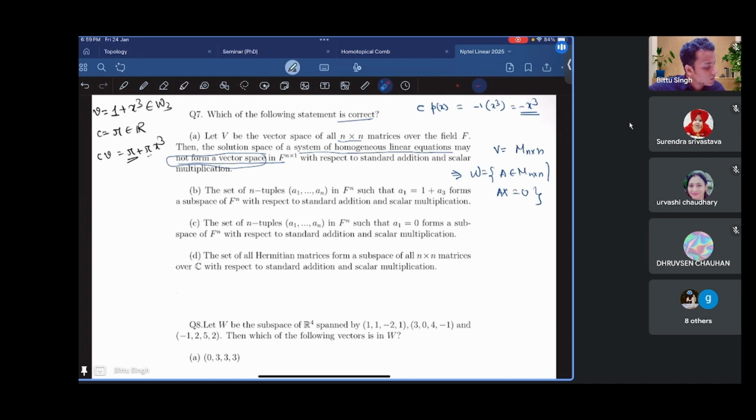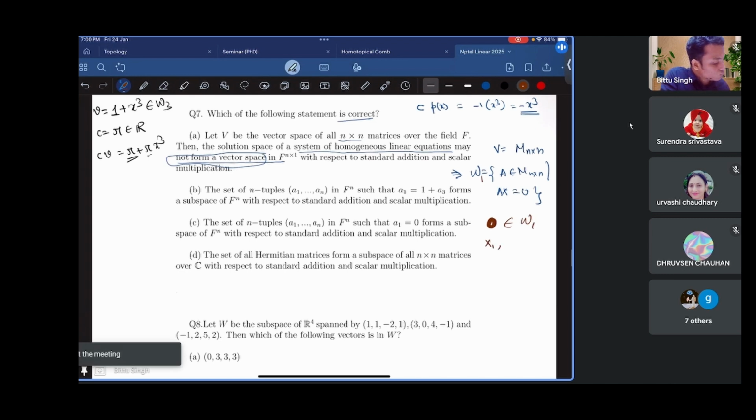It is obvious that 0 is there because A times 0 is always 0. So 0 belongs to W. Maybe write it as W1 because there are several options.